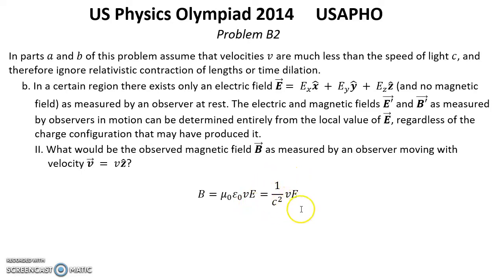That will be this expression. Combining this with the previous equation, we have B prime equals negative 1 over c squared multiplied by the cross product of v and E, which is this expression.